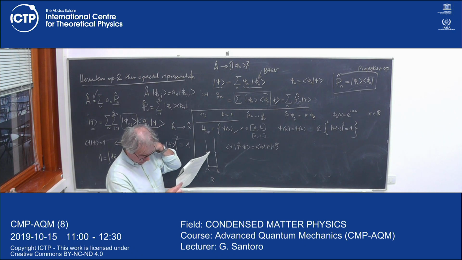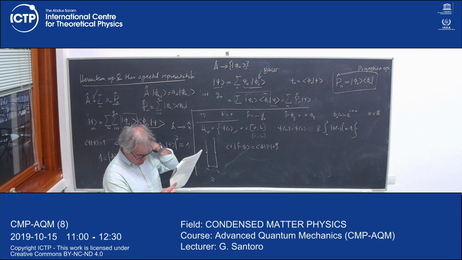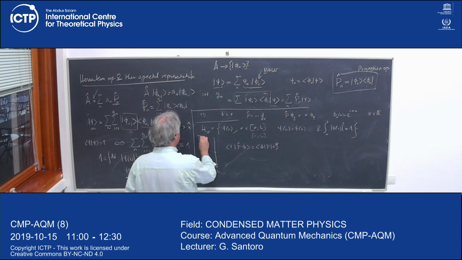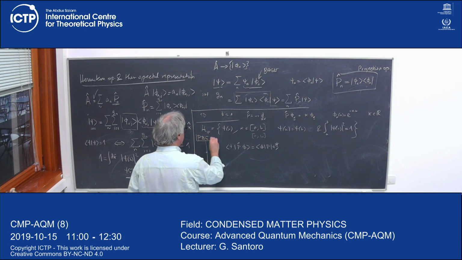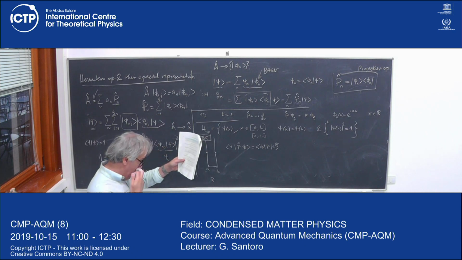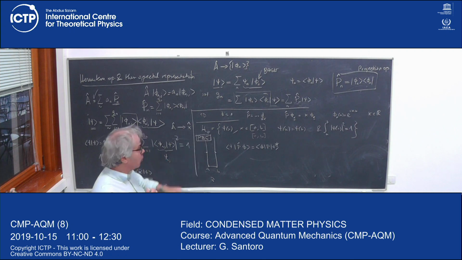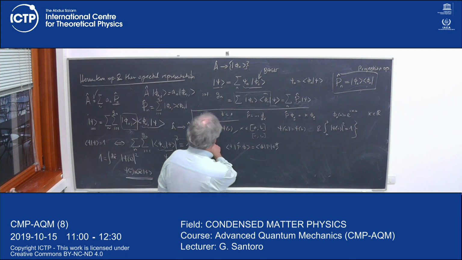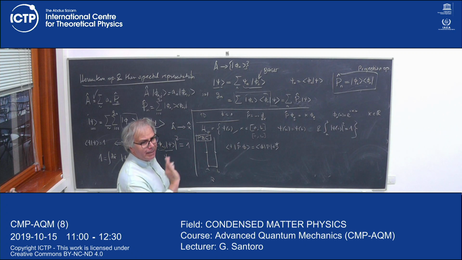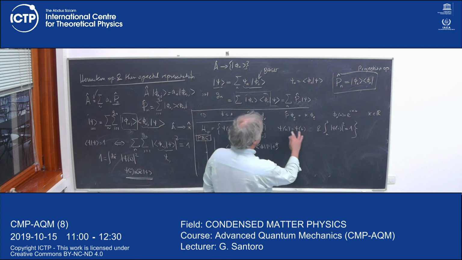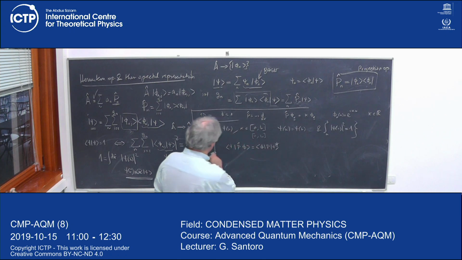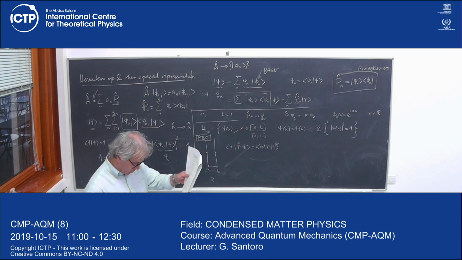In that case, you can still prove that P is Hermitian on this space, for almost the same reason. The boundary term, since the functions are the same at the two points, disappears.